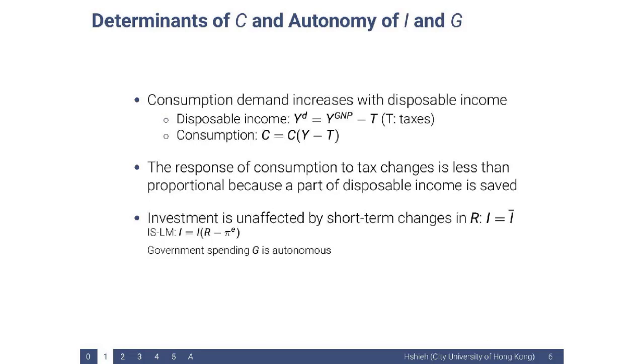The response of consumption to tax changes, or just changing disposable income in general, is going to be less than 1 to 1, less than proportional. And the reason is because part of that additional income, either from a tax cut or from government spending, is going to be saved. Right? So now you can think about why the Hong Kong government is using vouchers instead of cash rebates, or just cash or tax cuts in general.